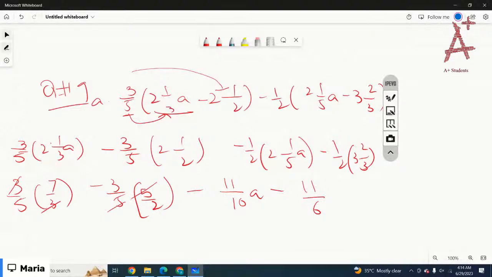Now just collect the like terms and solve. So it would be 7 over 5 minus 3 over 2 minus 11 over 10a and minus 11 over 6. Now you can collect the like terms, this one and this one. 7 over 5 minus 11 over 9.